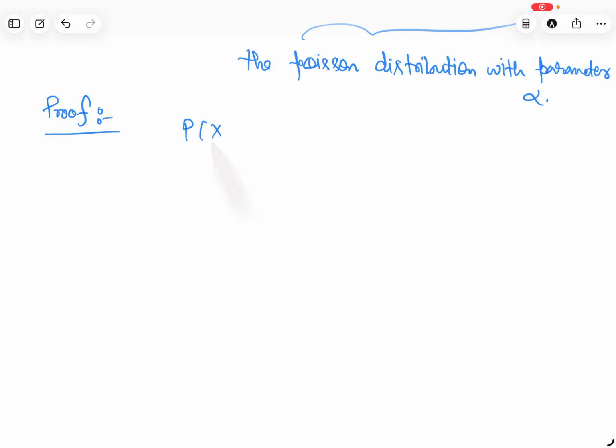P(X = k) is equal to n choose k p to the power k (1 minus p) to the power n minus k. Okay, so we can open this bracket this way.